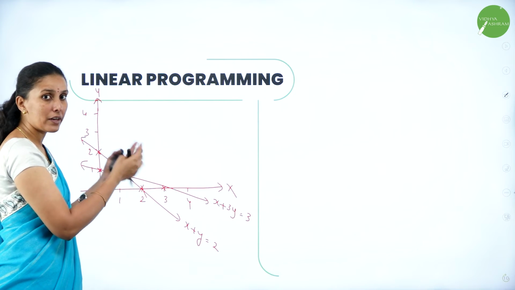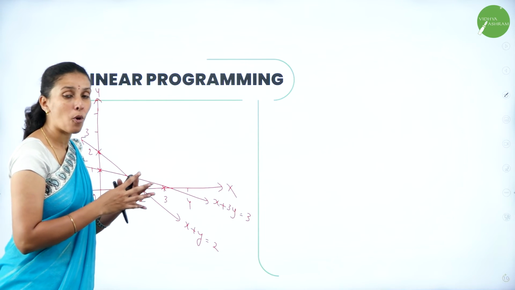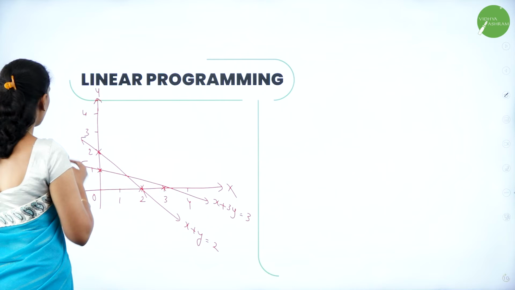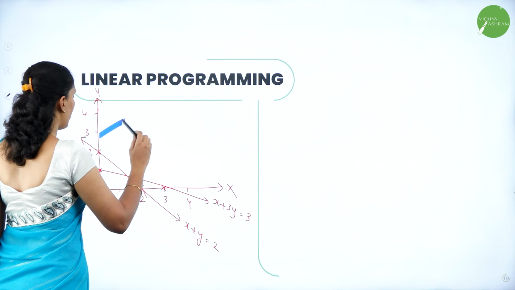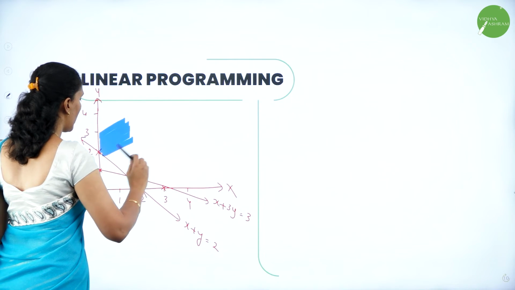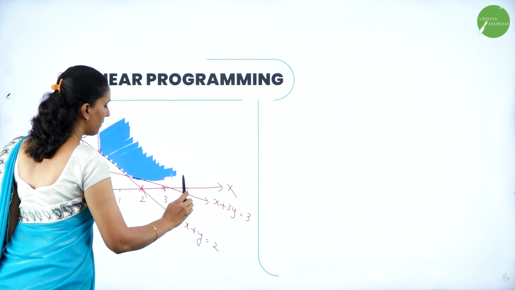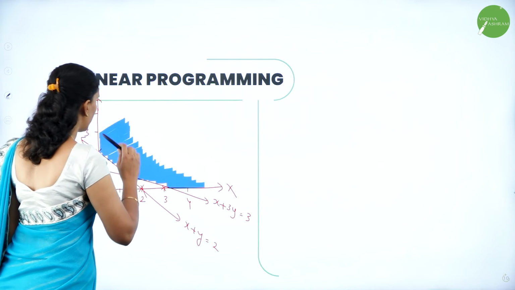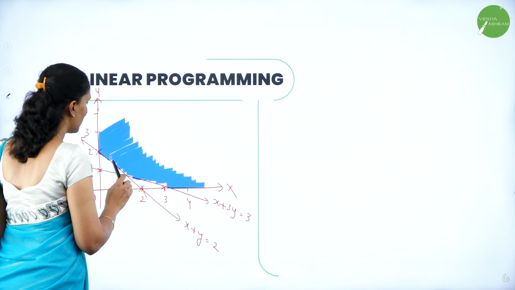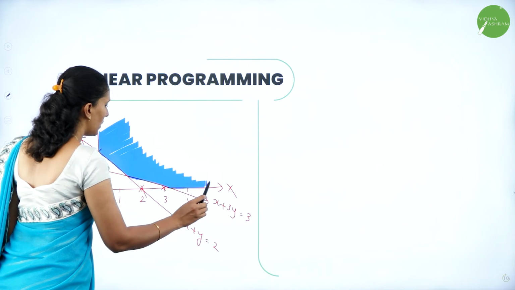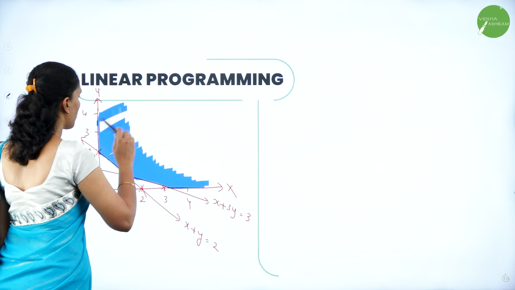So you need to shade the region where you do not have point 0. So my solution region will be the region above these two lines, which doesn't have 0 in it. Clearly, you can observe this shaded region will give you the solution region.